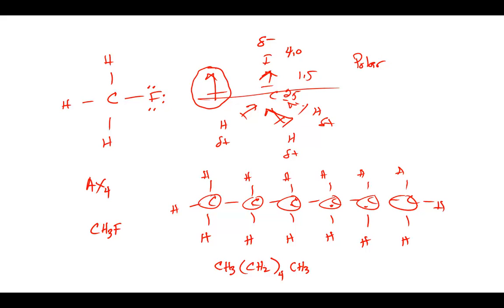Another formula that is very popular, instead of the condensed formula, let's make it even easier. To represent these 6 carbons, if you'll notice again, each one of these carbons would be in the AX4 classification. They would be tetrahedral in shape.